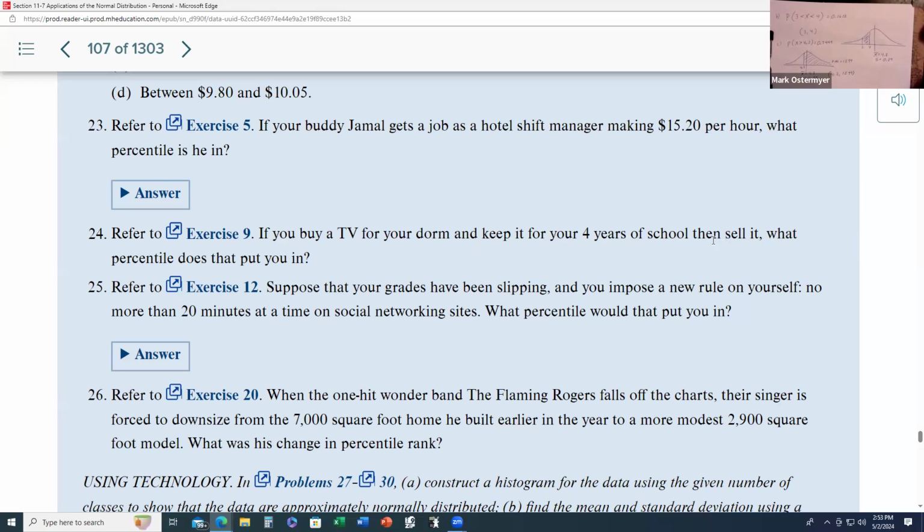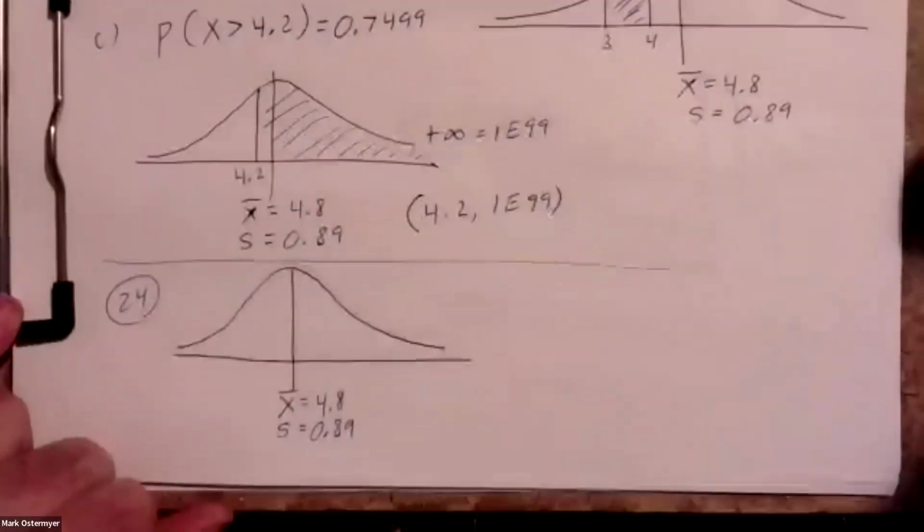So for number 24, we're still using the same normal distribution that we used in problem 9, where the mean is 4.8 years and the standard deviation is 0.89. They want to find what percentile 4 years is.